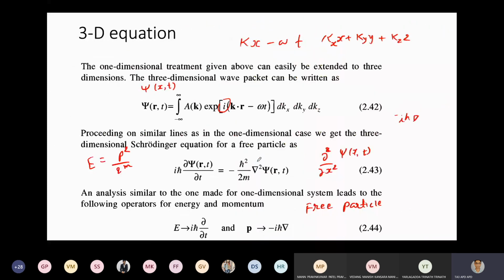So we started with this 3D equation, जो हमने पहले we wrote this expression for 1D and then how to obtain a 3D equation, Schrodinger 3D equation. तो उसके लिए we have just simply rewritten the whole wave function in the format of k dot r. वहाँ पे kx minus omega t था, we said it's a k dot r minus omega t integrated over dkx, dky, dkz, and then you substitute the operator values, so one can obtain a general formula for the 3D equation for the Schrodinger derivation.